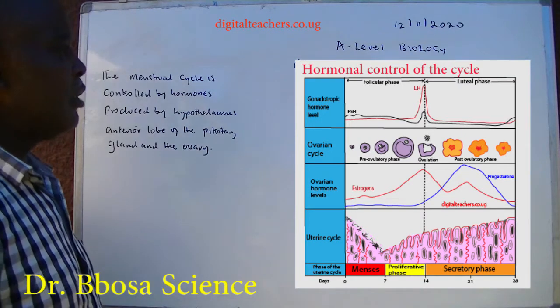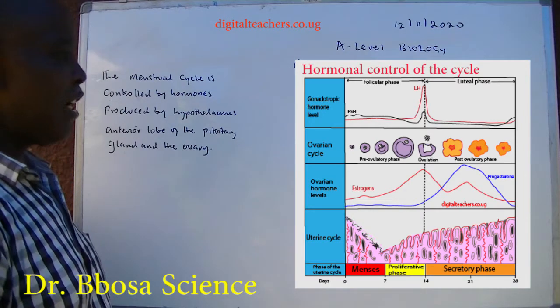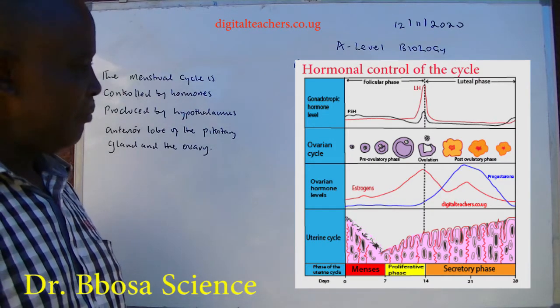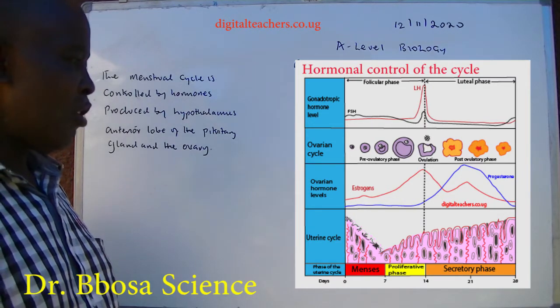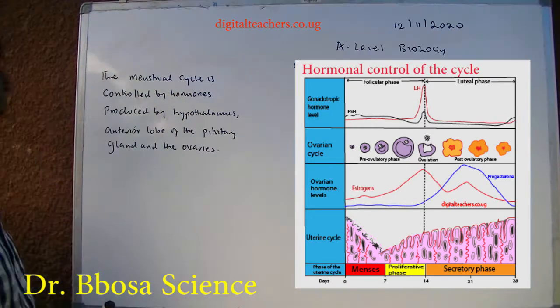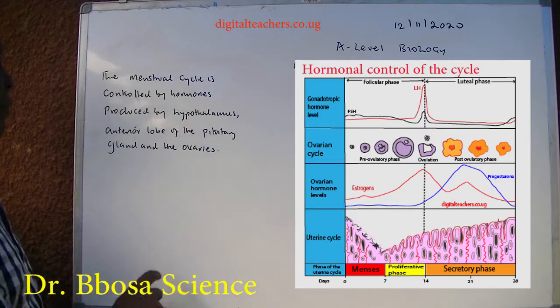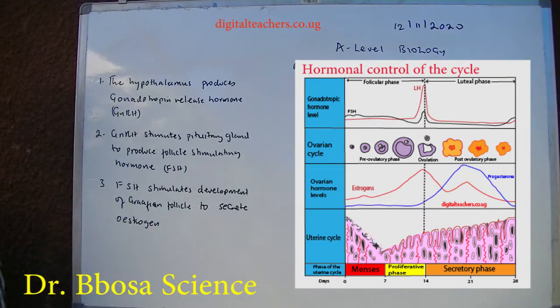Hormonal control of menstruation cycle. The menstruation cycle in female, showing the events occurring in ovary and uterus with relative amounts of estrogen and progesterone, are shown below. The menstrual cycle is controlled by hormones produced by hypothalamus, anterior lobe of pituitary gland, and the ovaries. 1.